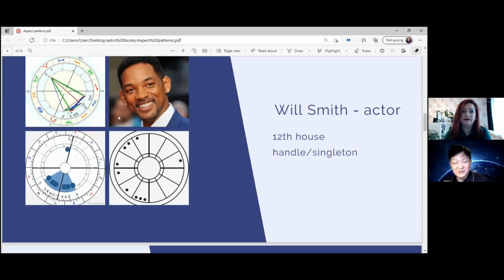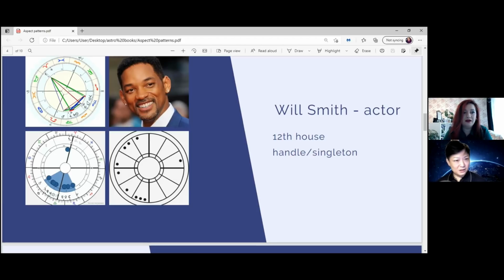As we mentioned before, it just points right to the apex, right to the top of the bucket. And in the 12th house, of course, the 12th house has to do with music, has to do with movie making. So it's no surprise that his handle is in the sphere of these topics that he is known for.